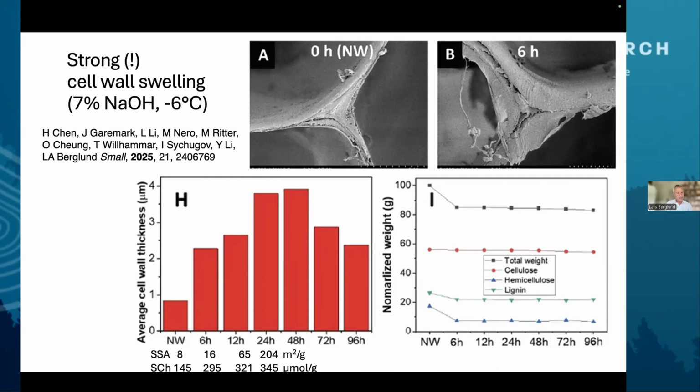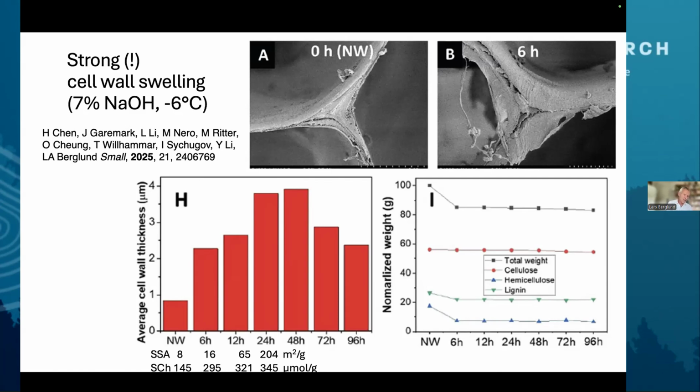But the interesting thing is that when we used conditions for cellulose dissolution, 7% sodium hydroxide at minus 6 degrees, we observed enormous swelling of the cell wall, much more than you normally see with sodium hydroxide at high temperature. And the reasons we think are related to the reasons why you can dissolve cellulose at low temperature. According to Björn Lindman's ideas, this is related to hydrophobic interactions, which may be important also in this case.